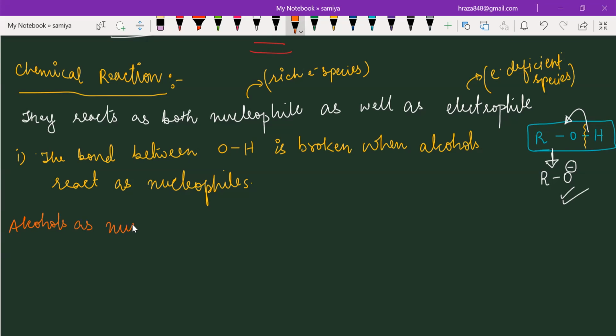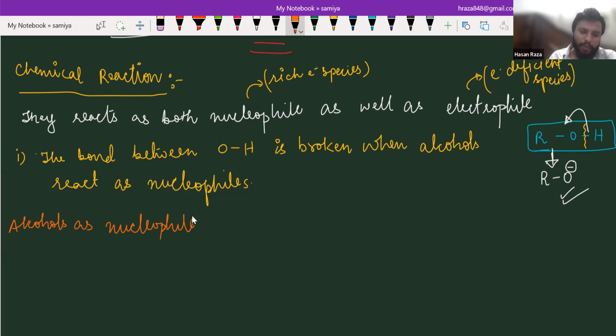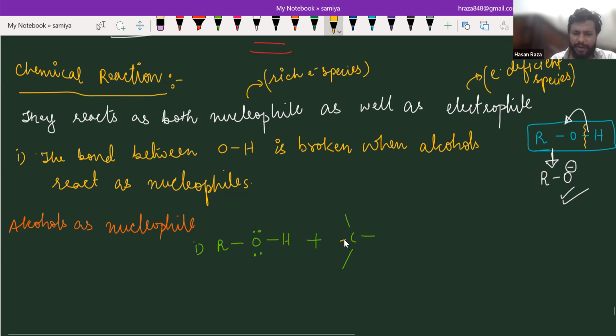Yes, sir. So alcohols as nucleophile, I'm going to write the reaction. You can see only the first step. This is the structure of alcohol, and there is an electrophile nearby, a substance which has fewer electrons. So the nucleophile will attack here.